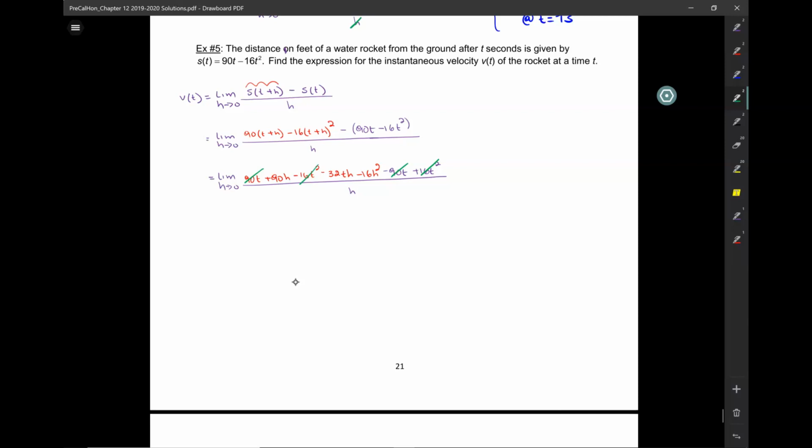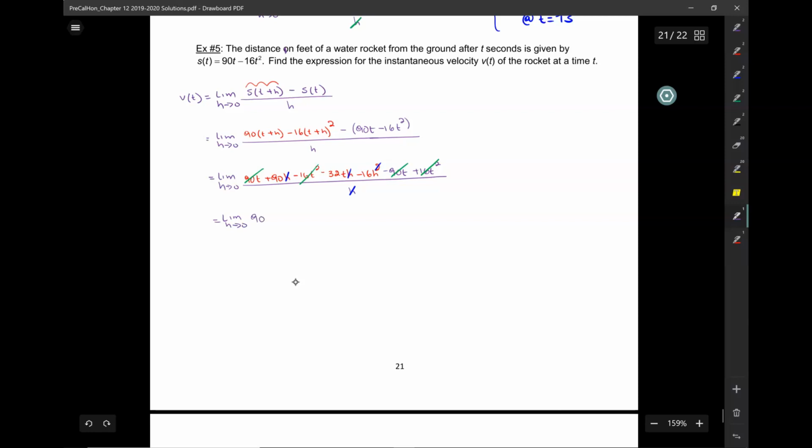Now I'll get another color and I will cancel out an h from everywhere. This has to happen every single time. That h at the bottom must go away. You have to make sure that at the end of the problem the h's go away. Remember, it's a constant you put in, so you can't have it stick to the end.